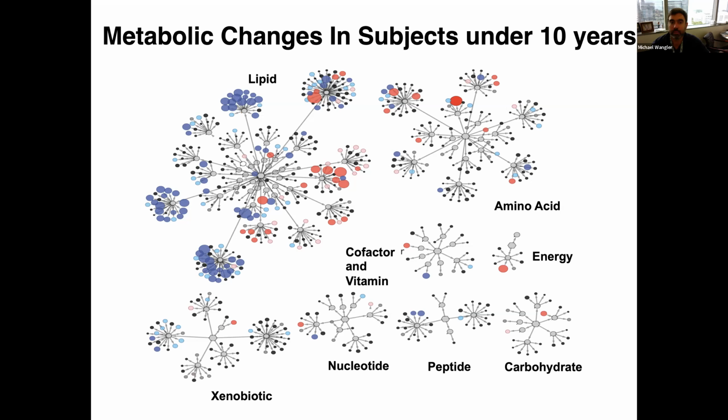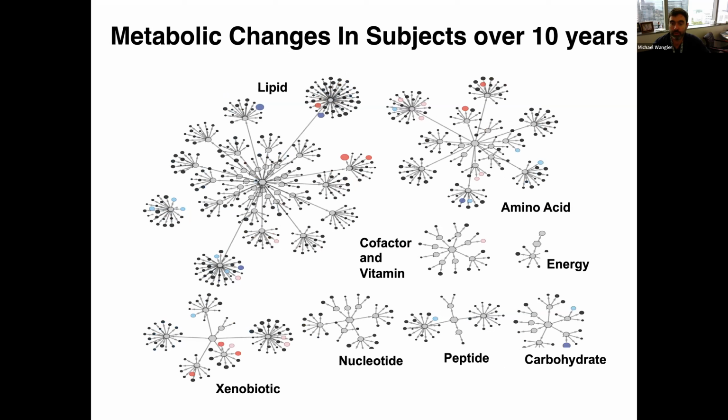But when we look at the individuals who are over 10, there's a lot fewer changes in the overall metabolome. So this is another type of insight that we can get from metabolomics: it doesn't appear that the samples are the same over time. For an individual who's older, you might expect a different array of changes than an individual who is very young.